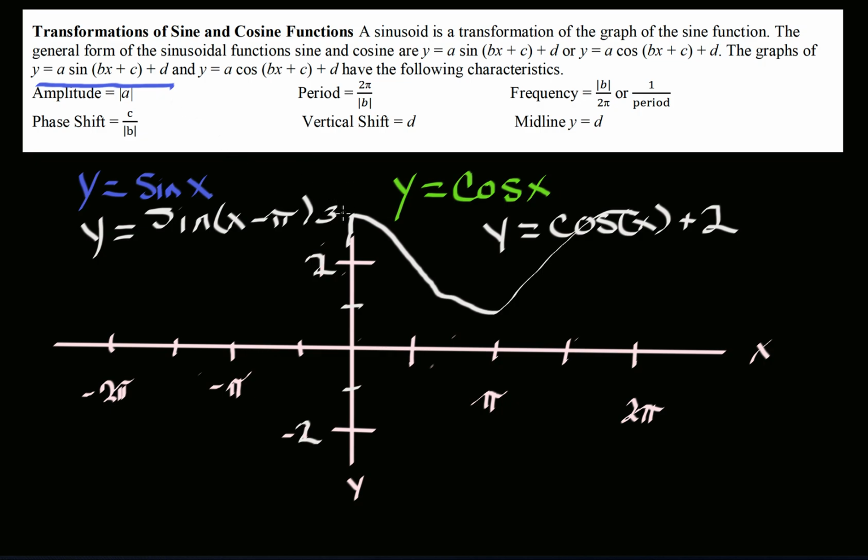That's how tall the wave is. We went through period, and that's just dividing by whatever this wonderful coefficient is, and frequency is 1 over period, phase shift, and vertical shift, which just gives us our midline on the y-axis.